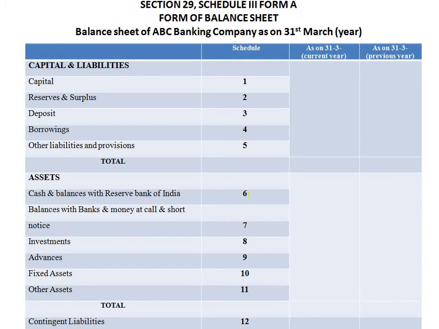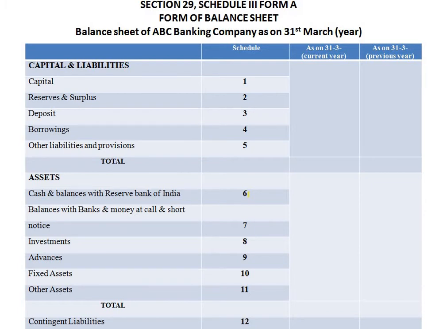The final accounts of banking companies consist of the profit and loss account and the balance sheet. As per Section 29 of the Banking Regulations Act of 1949, Schedule 3, Form A forms the balance sheet.